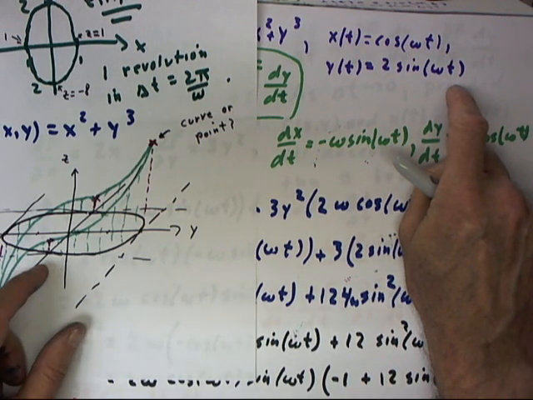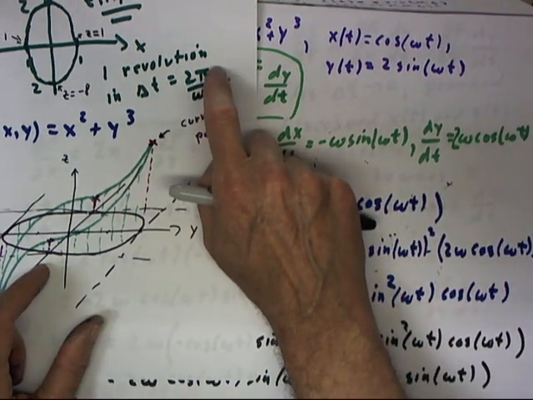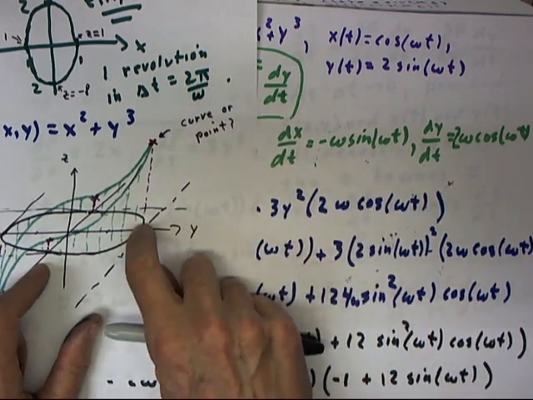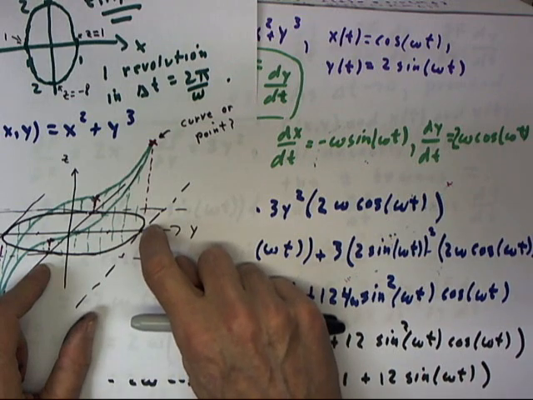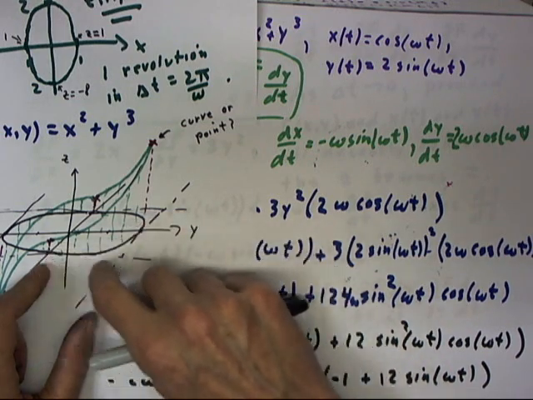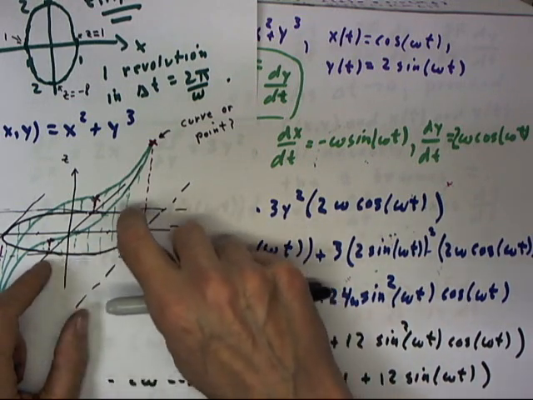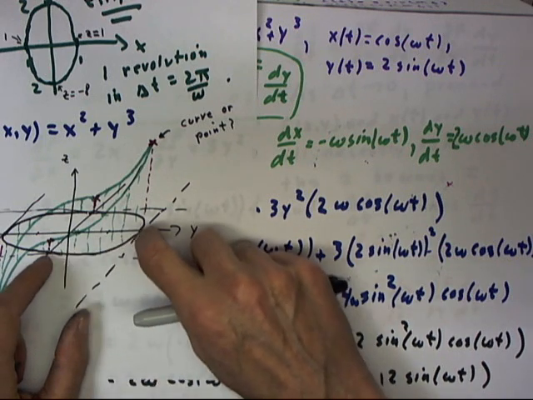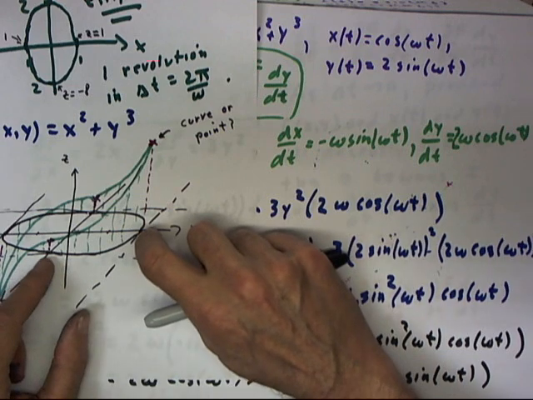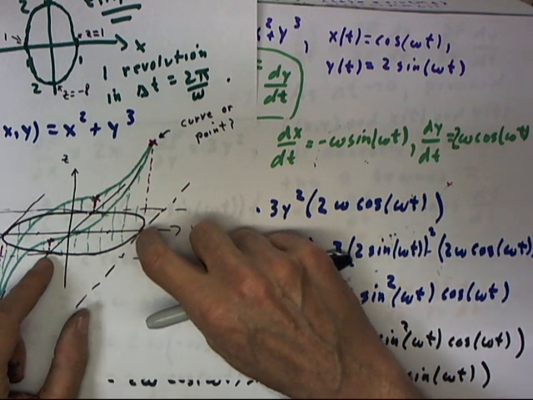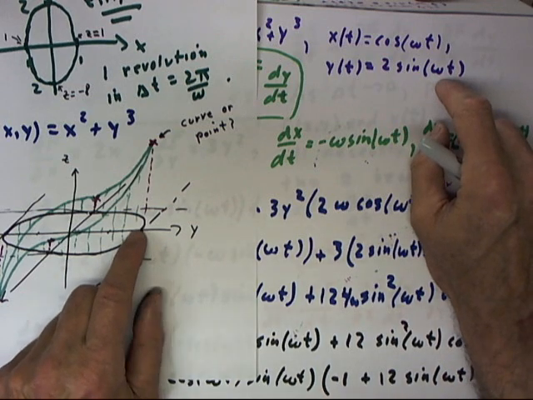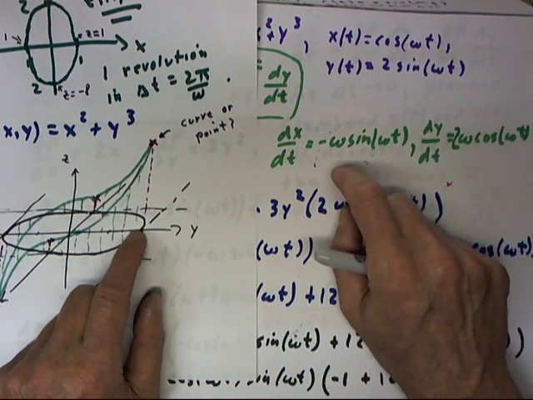And when t equals 1/4 of 2 pi over omega, that is pi over 2 omega, we're a quarter of the way around the ellipse, in the sense of time. When we're a quarter of the way around, the sine is going to be 1, putting us at the point 0, 2. The cosine is going to be 0.